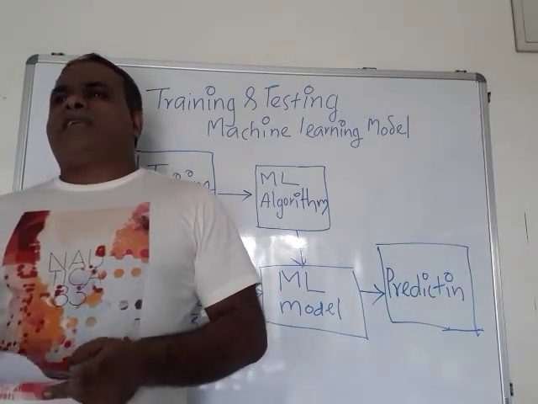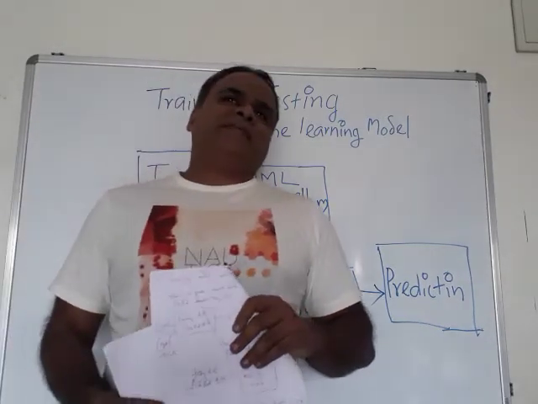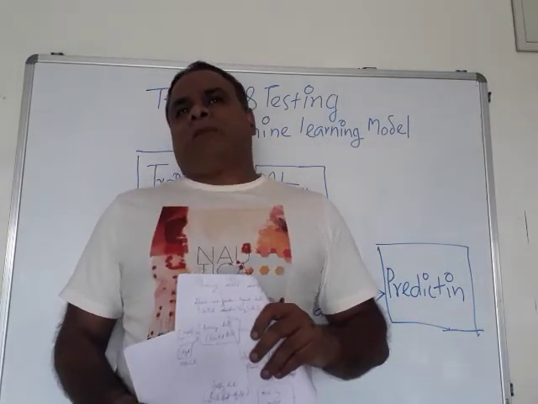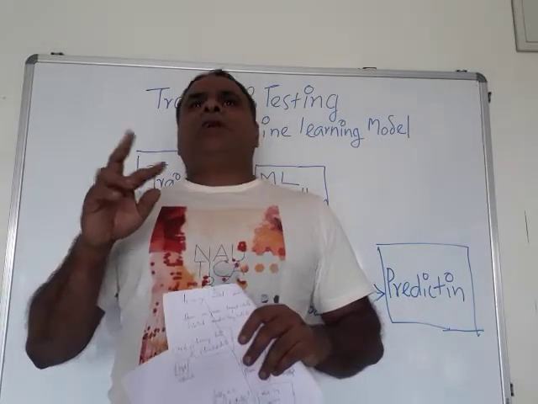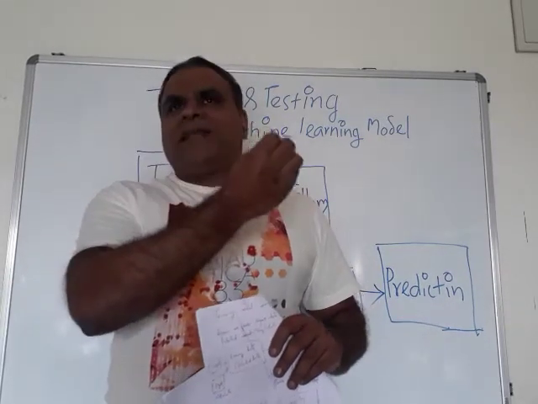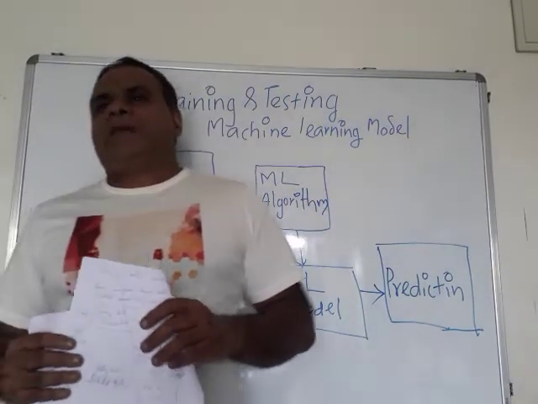All these are data. From a data science or machine learning point of view, there are two types of data: labeled data and unlabeled data.